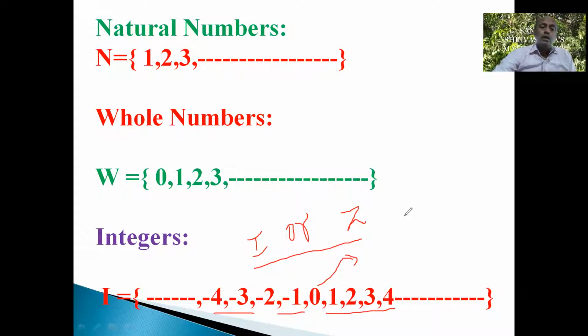So when we include the negative numbers in whole numbers, you can say integers can be easily created. On the other hand, you can say integers are the superset of whole numbers also.